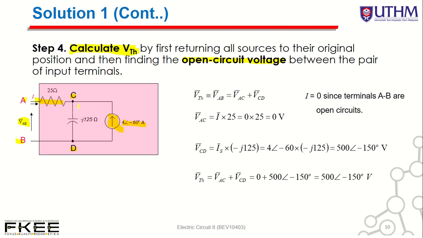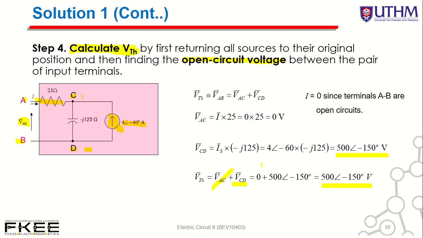This is positive, this is negative. VCD equal to the current times ZC. So V Thevenin equal to VAC, which is 0, plus VCD, so equal to VCD. This one we call the Thevenin voltage.